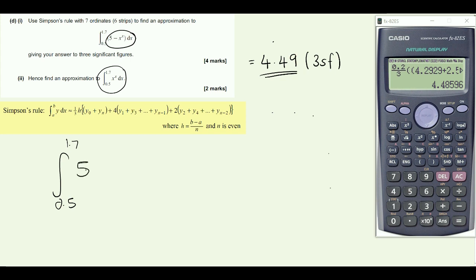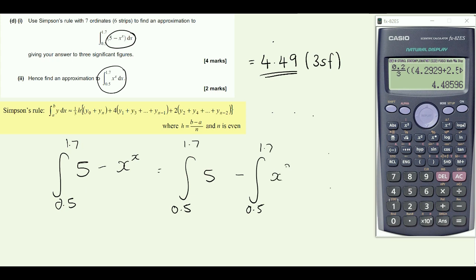So if you were doing this question, you would actually do this as 2 separate integrals. Well, not quite, you wouldn't necessarily write it like this, but this is what you're doing. You're integrating 5 between your limits, and then you're subtracting the integral of x to the x between your limits.